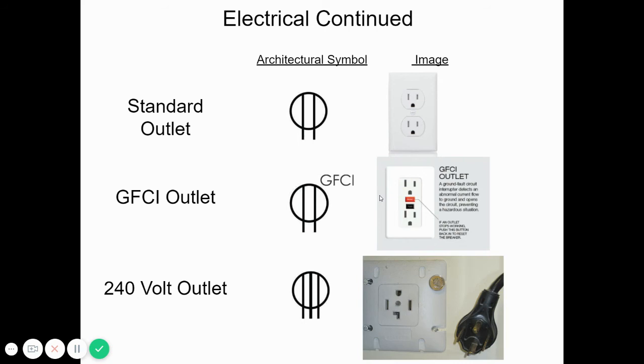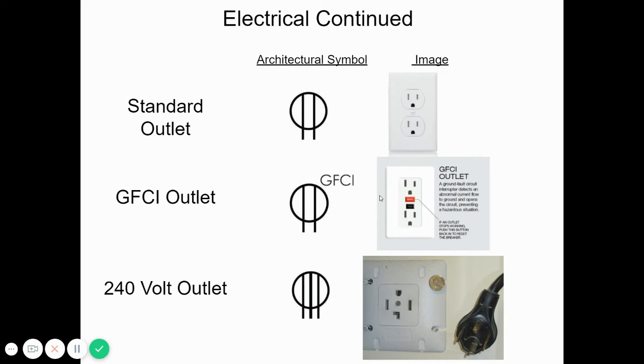The reason is what GFCI stands for, Ground Fault Circuit Interrupter. So electricity is running on a circuit. What makes that circuit work is you have a wire that is the ground, and then you have another wire that has the electricity that connects to it.